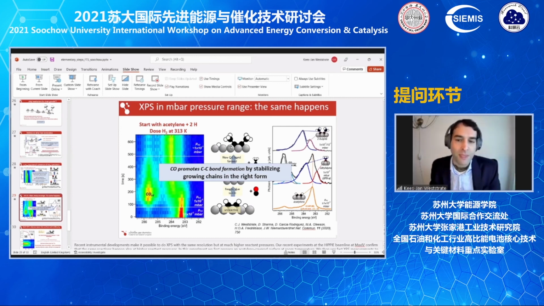Zooming out a little bit, I think there's a few examples where surface science type of experiments have helped to really propose something new for the catalyst. But in general, I think more often we know catalyst works, we know Fischer-Tropsch catalyst works, of course, cobalt can do this, and now we want to know more. We want to understand exactly how it happens. This is where surface science comes in.